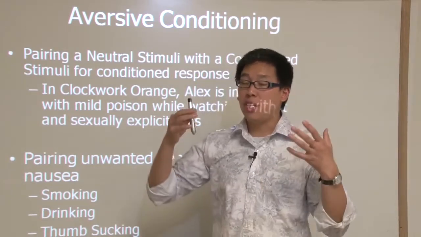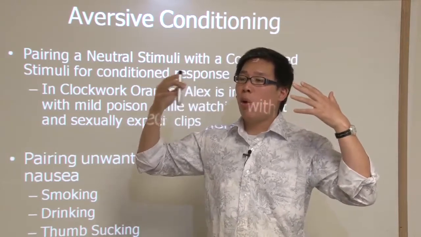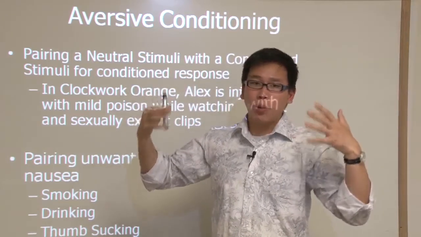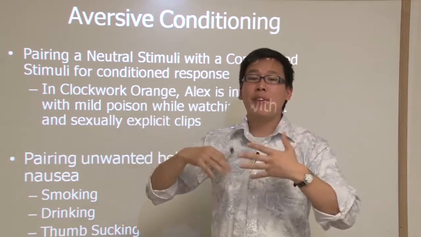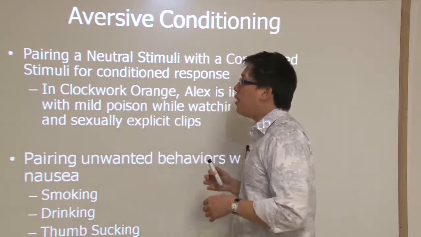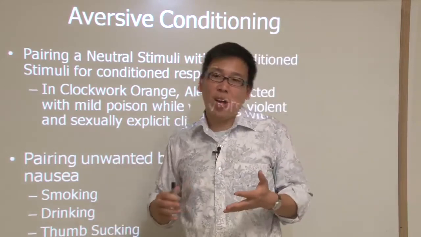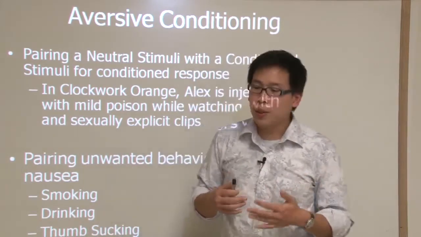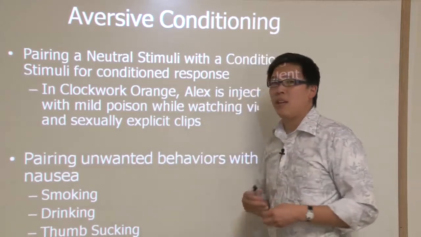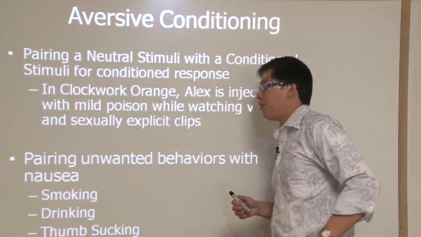They strap them in a chair, force them to open their eyes, and watch violent movies while they inject them with chemicals and make them feel very, very uncomfortable. And so every time they want to act violent, it's naturally paired with this feeling of nausea, and you feel sick. And so those people are more likely to avoid violent acts.